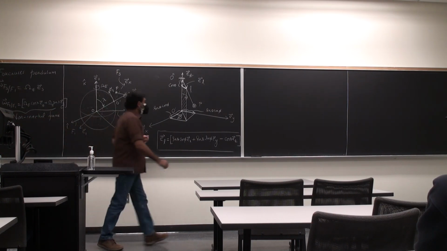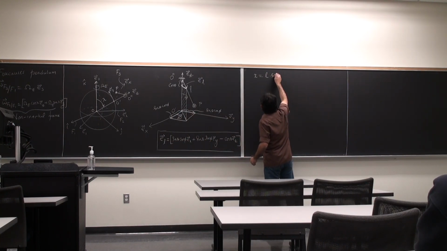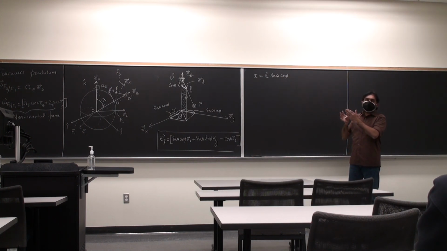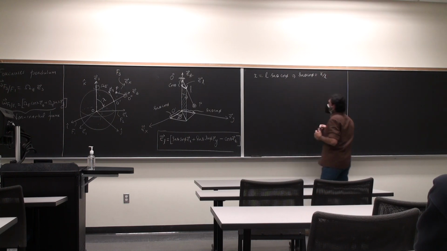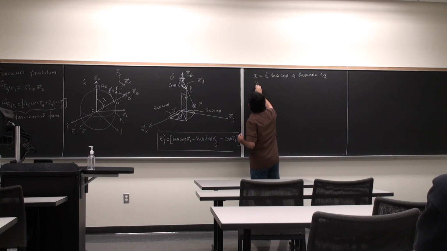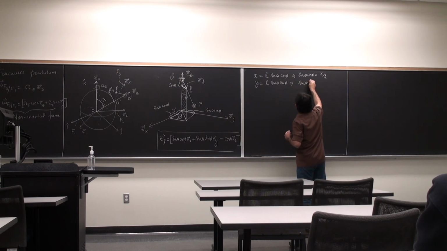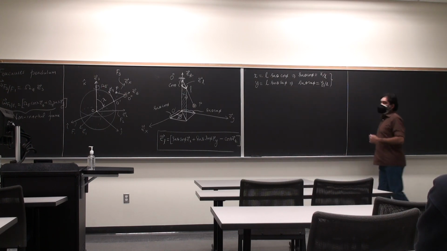I'm not going to rewrite this. So we had X as L times sine theta cosine phi, which means sine theta cosine phi can be written as X by L. We did this last time. Then sine theta sine phi is Y by L. This is from last time.